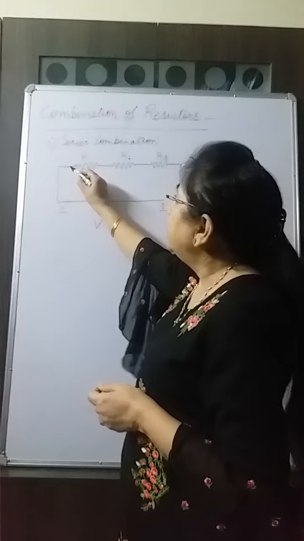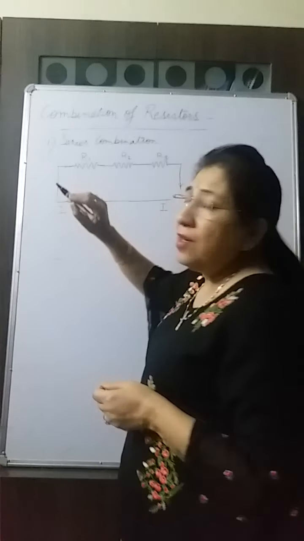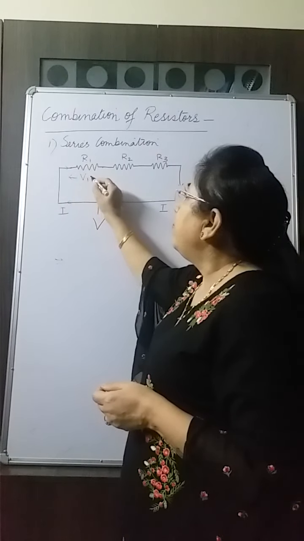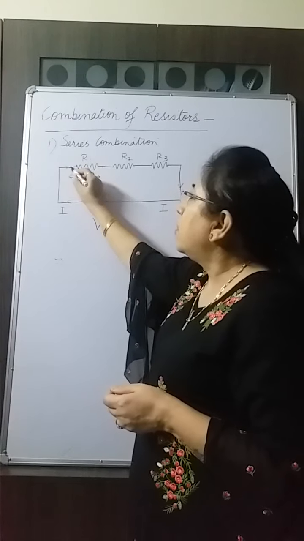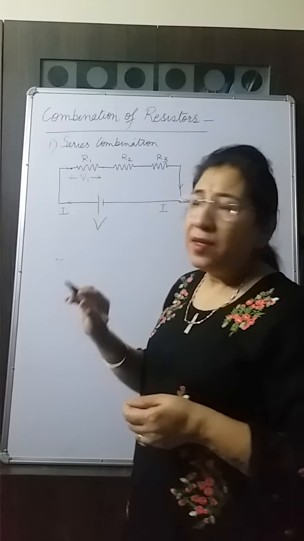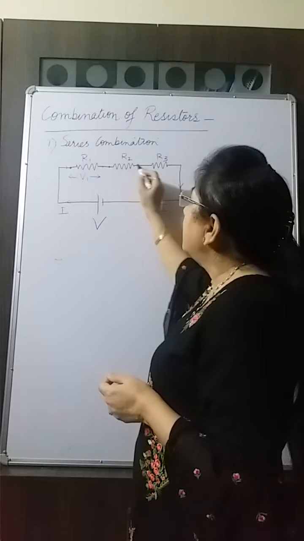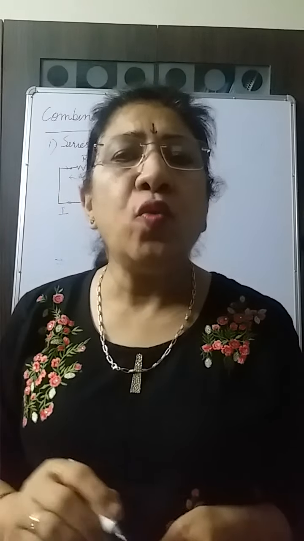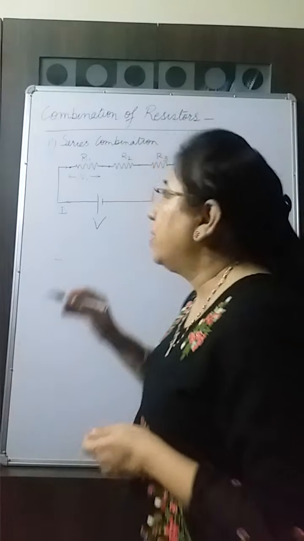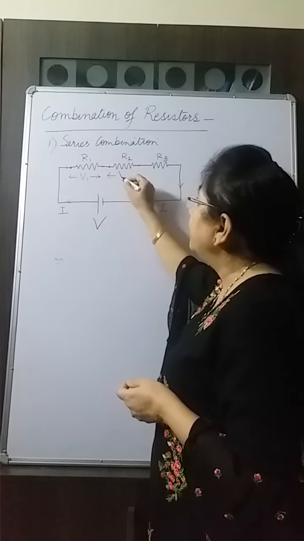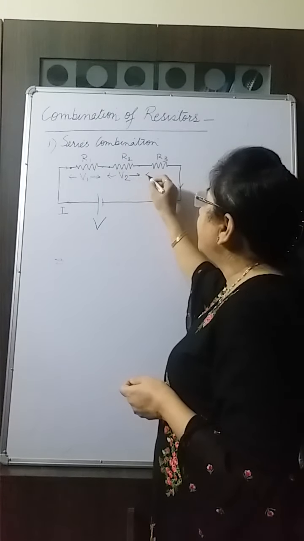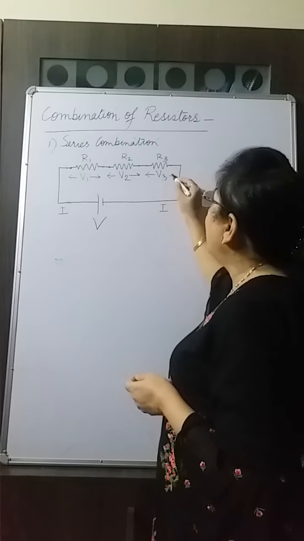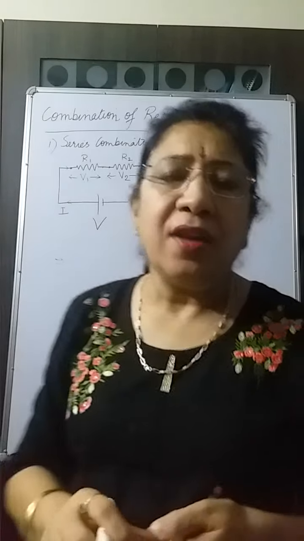But since the ends of each resistor are different, R1 has V1 potential difference across its two ends. Similarly, R2 has two separate ends, so the potential difference across the two ends of the resistor R2 will be different. Let it be V2. And similarly, the potential difference across the two ends of the third resistor R3 will be V3.